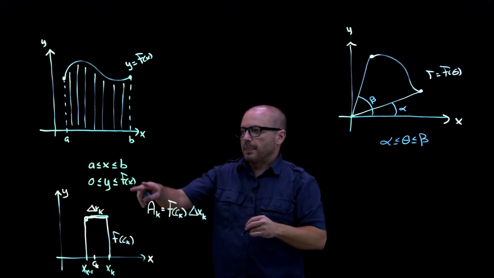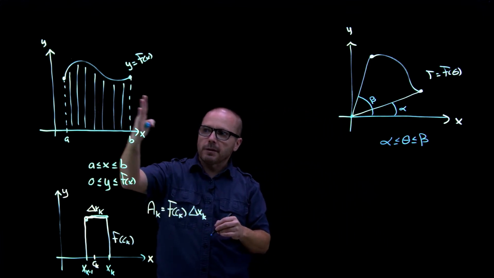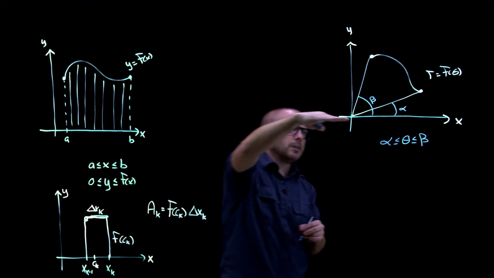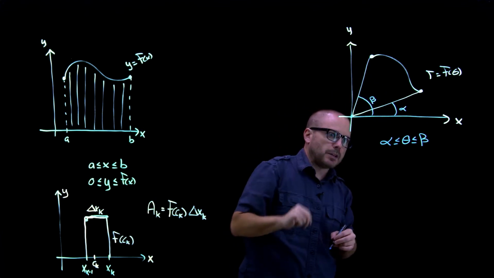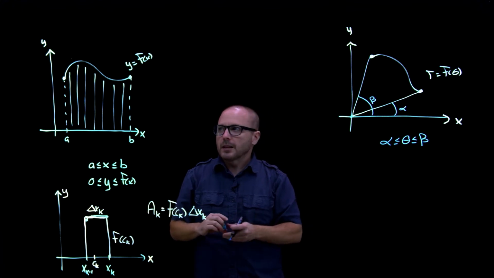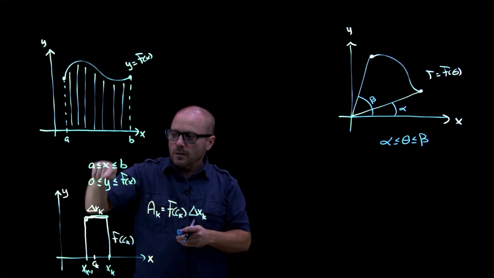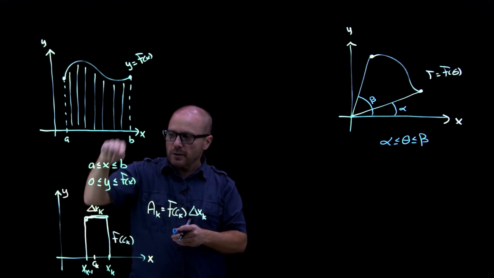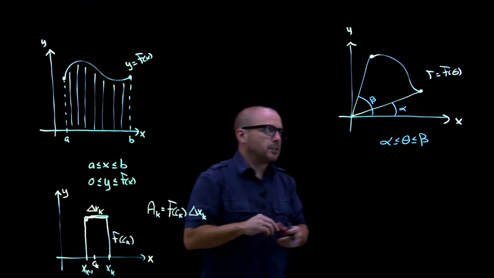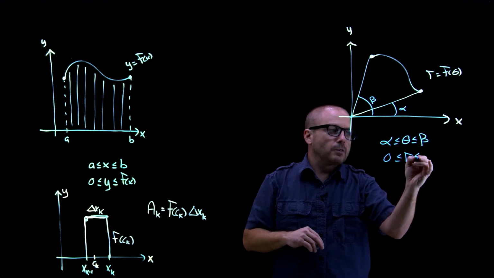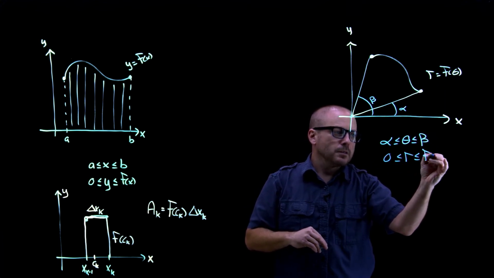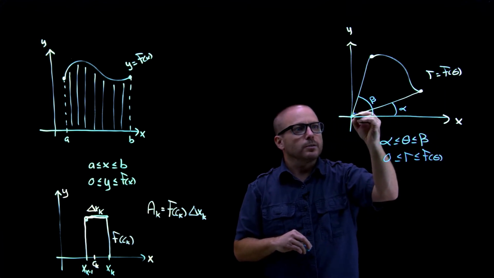Just like x, the independent variable in Cartesian, was between two constants. But it's rotational, right? So it's a sweep. We sweep out a little bit. And here we stayed between y equals 0, the dependent variable from 0 up to the function. So r from 0 out to the function. But what does that do?